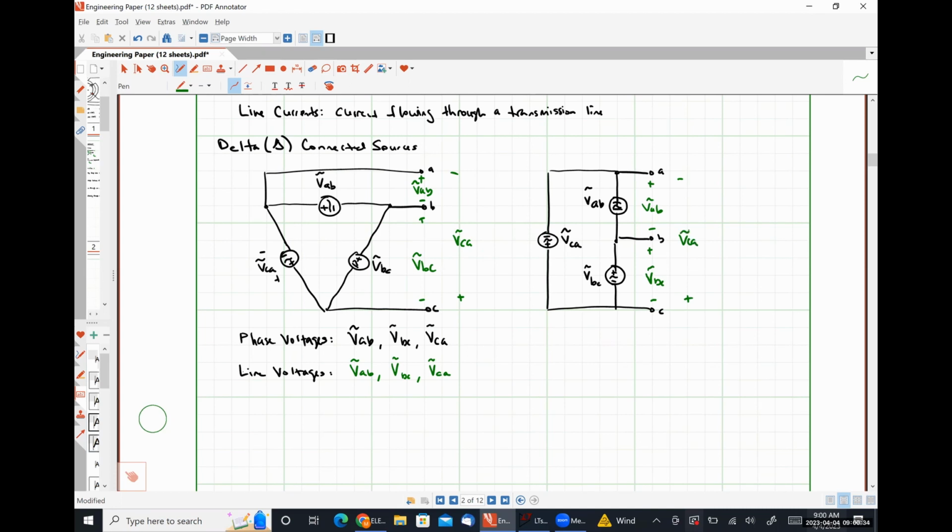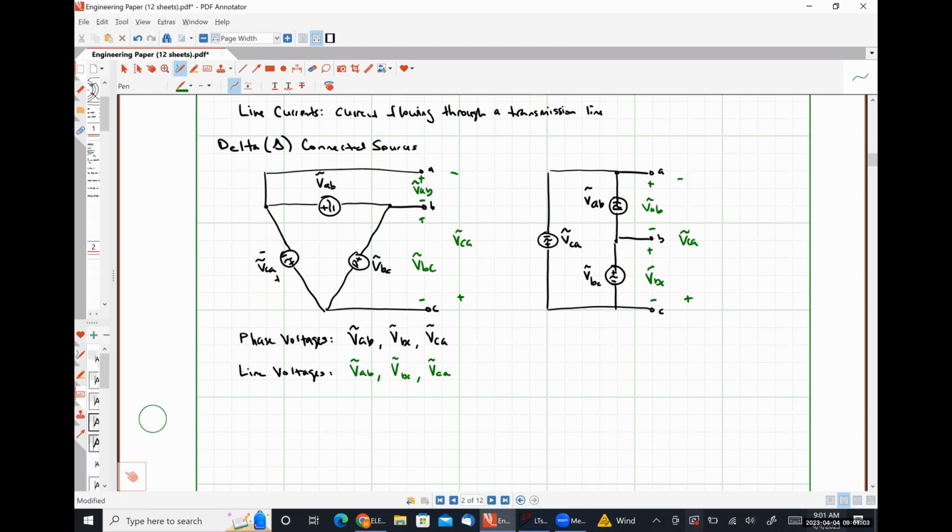So in a delta connected source, the line voltages and the phase voltages literally represent the exact same quantity. Okay? So in a Y-connected source, they're two entirely different voltages. And in a delta connected source, they're the same thing. Now are you starting to understand why this can get confusing?